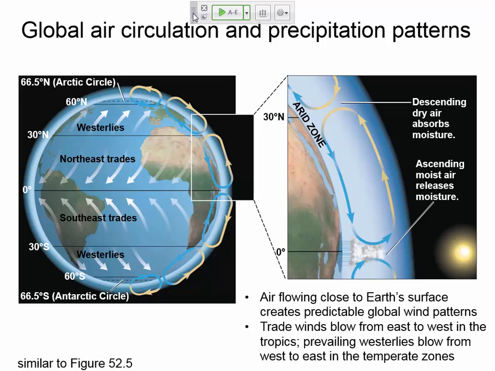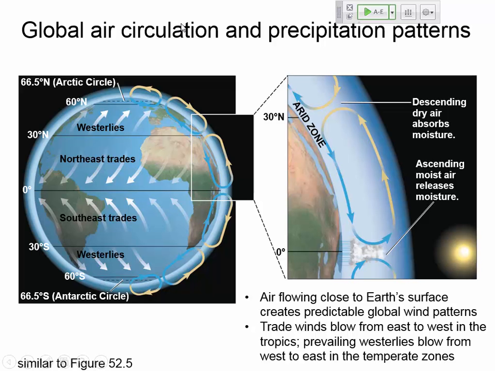Okay, so now that we've got our sun angles mastered, let's go on to global air circulation. This is similar to figure 52.5 in your textbook, but it has a little bit of additional information that I wanted to cover, so I'm using this figure instead as a visual backdrop.